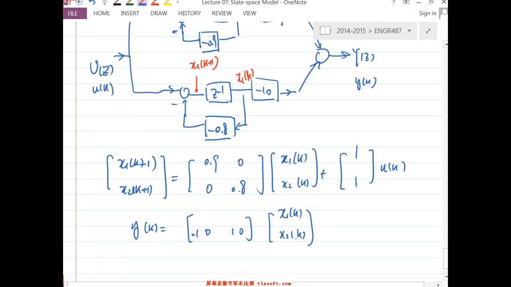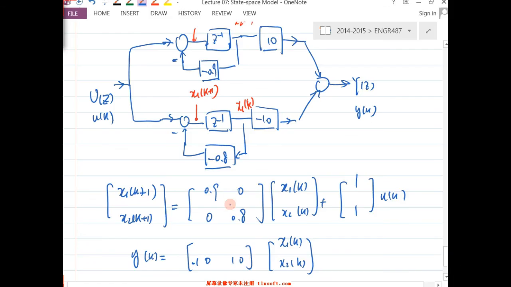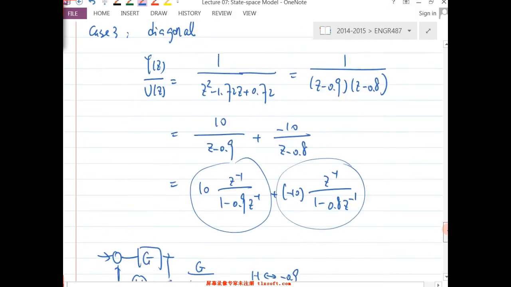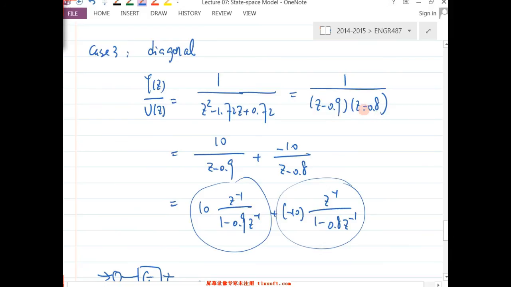This is what we call diagonal format. The system matrix is in the diagonal format, and the values of the diagonal elements are the poles of the system.